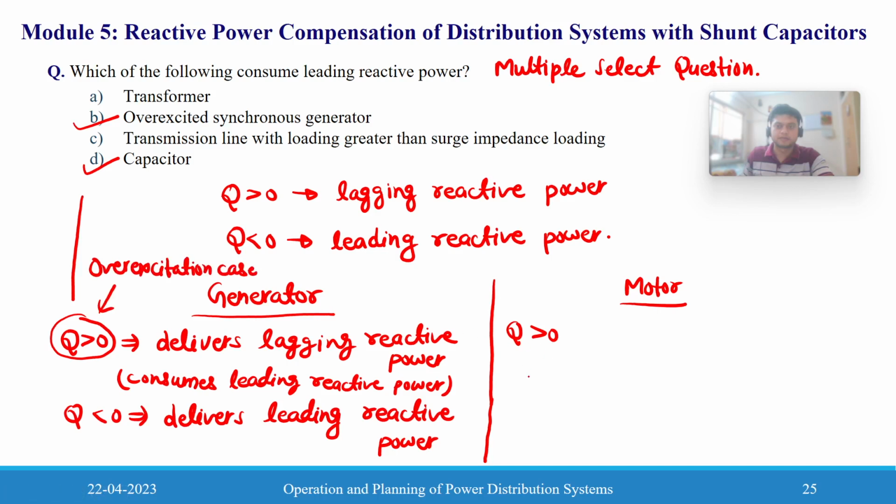Q greater than 0 means, we say it is load type, so we write in terms of consumption. So it consumes lagging reactive power.